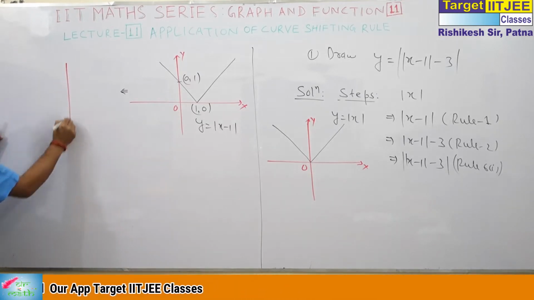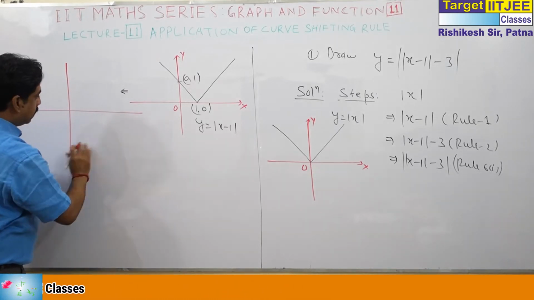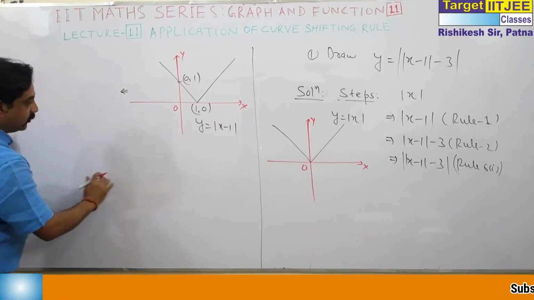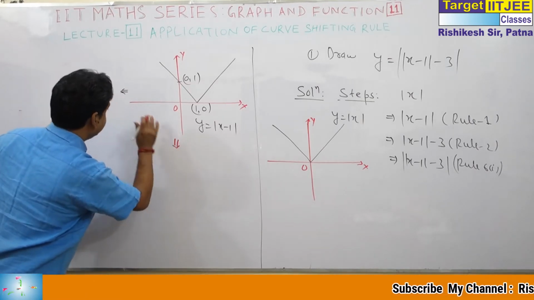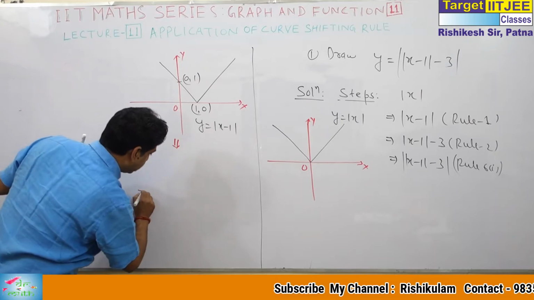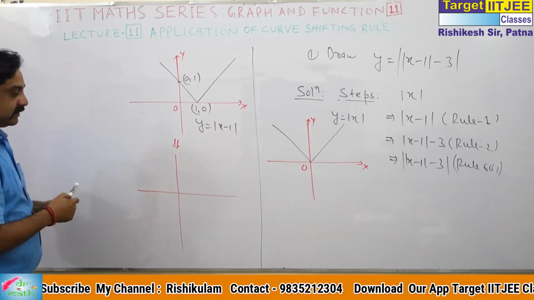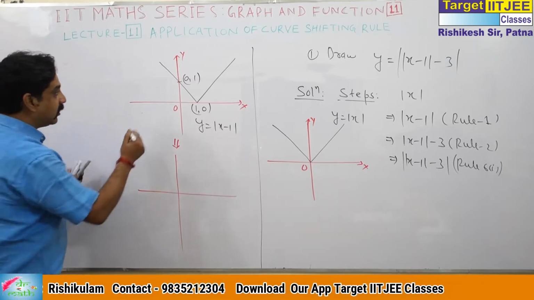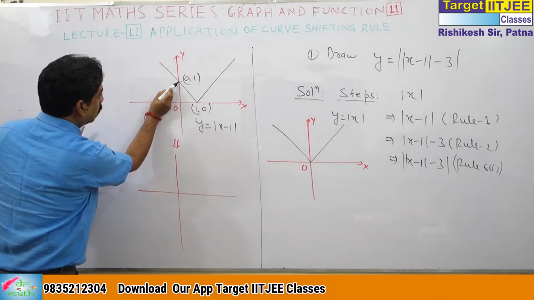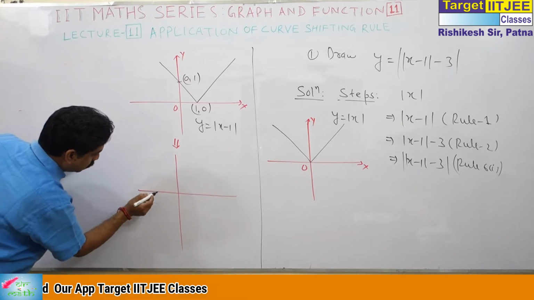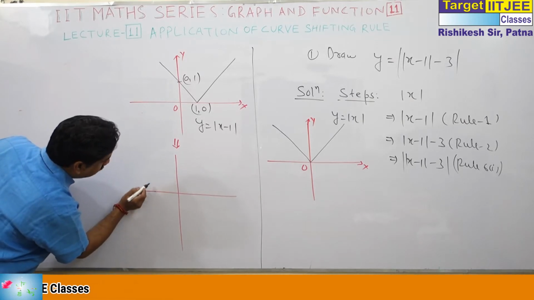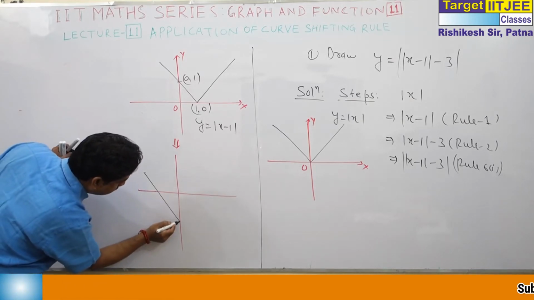After that, this will shift 3 units downwards. When we shift this 3 units downwards, the point 0, 1 goes to 0, minus 2. So the graph may be like this.